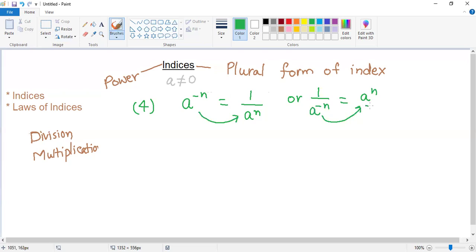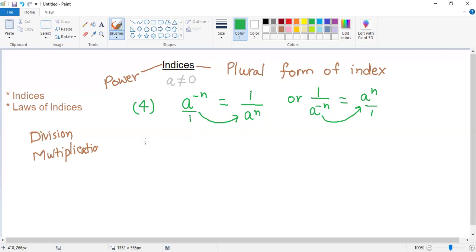If you don't have any number in the denominator here, you can suppose it as 1. So when you have a negative power, you can flip it, changing numerator to denominator and vice versa for the other case.